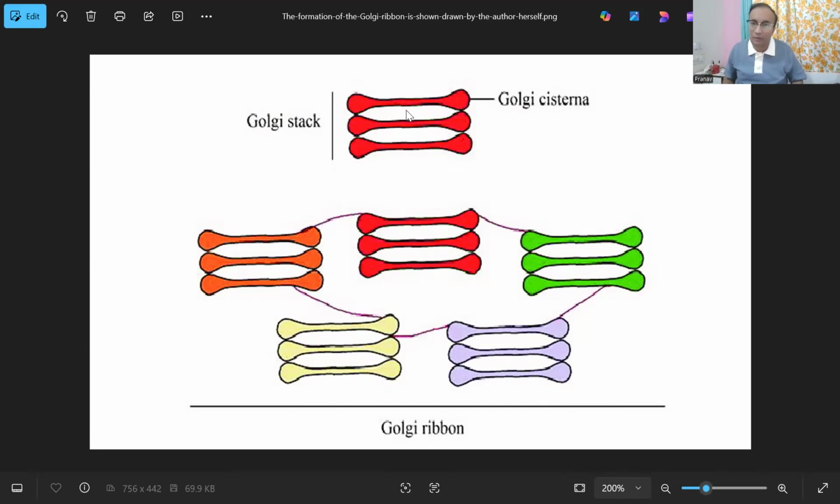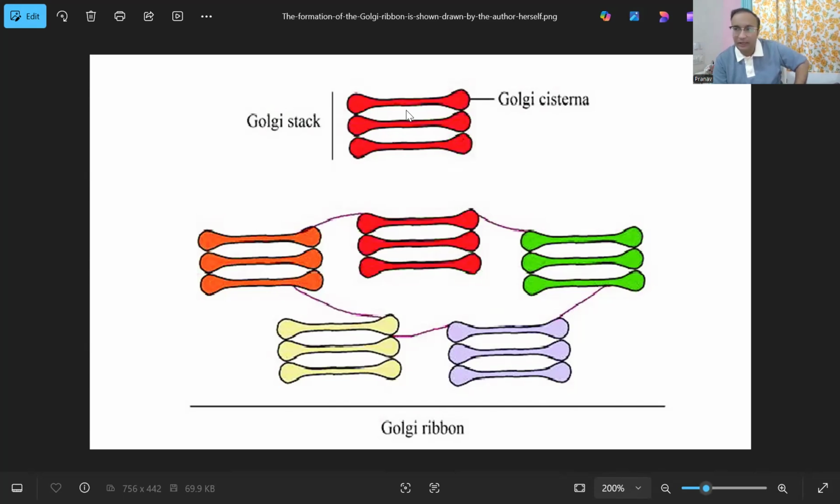Once it is formed, the cell can afford to disintegrate the Golgi ribbon. Why is Golgi ribbon organized? Just because the requirement of the protein may be very high. Of course, a single Golgi complex would not suffice for the cause. That is why we have Golgi ribbon.